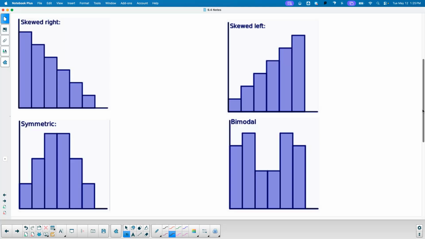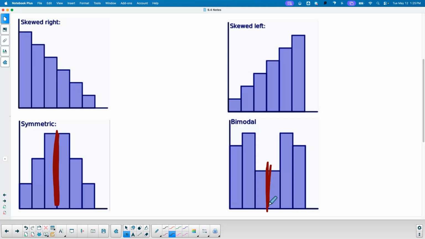So, for instance, what I'm saying is, in the symmetric one, the mean and the median, the average and the middle, are going to be probably somewhere right here in the middle. Because the data is evenly spread out, so it's going to be somewhere close to the middle. On a bimodal, again, depending on where those are, I would say it's somewhere in the middle.